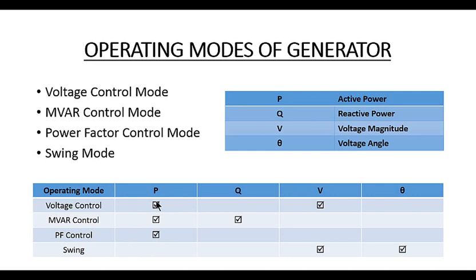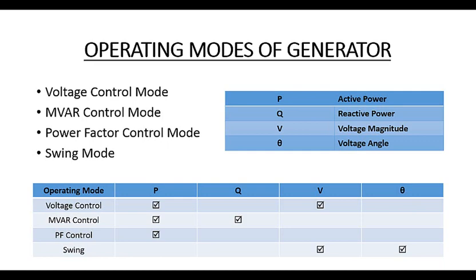So the swing generator will supply whatever power is required in the system, and if the power supplied from the remaining generators is surplus, then ideally the swing generator can also absorb it. We usually refer to it as an infinite bus which can supply or absorb infinite amount of power.